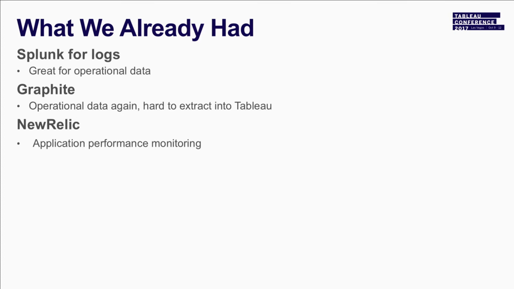And New Relic is a great tool for digging into the general operations of Java processes, things like stack dumps and whatnot. These are all really good for operating a good product, making sure that it performs well and that it's up and running. They're not really good for understanding how people are using the product.